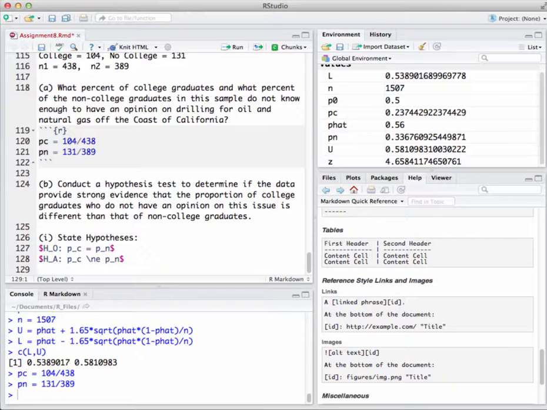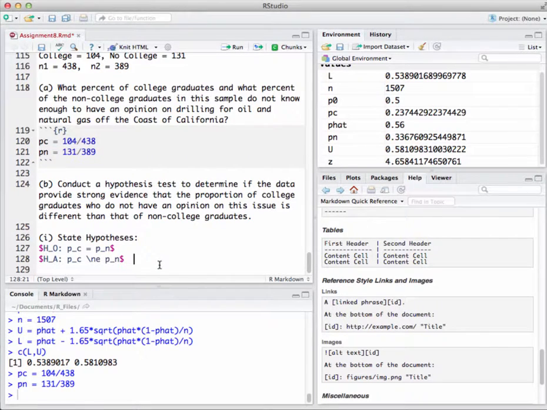But as we will see, one way that you can do this also is by creating the pooled estimate of what p sub college and p sub n is according to the null, because according to the null those two numbers should be the same. It's just the null didn't tell us what they happen to be, and so based upon the numbers that were given to us in the table, in other words these values back up here, we can come up with a pooled estimate of what we think that proportion is going to be.